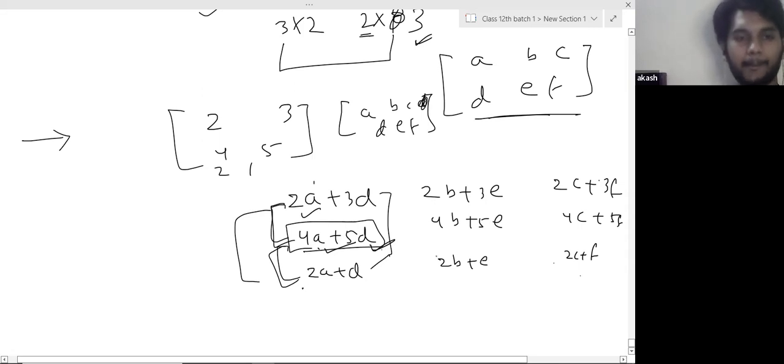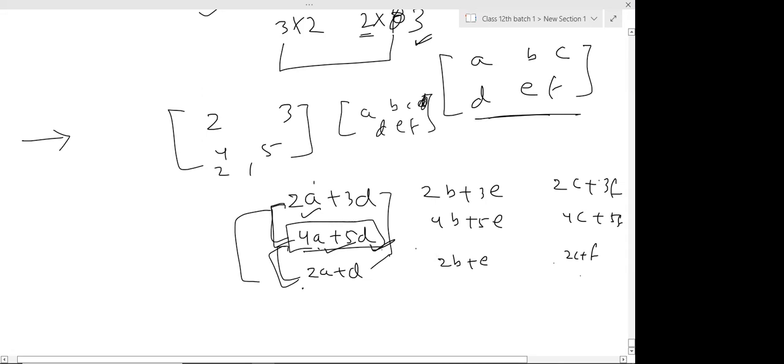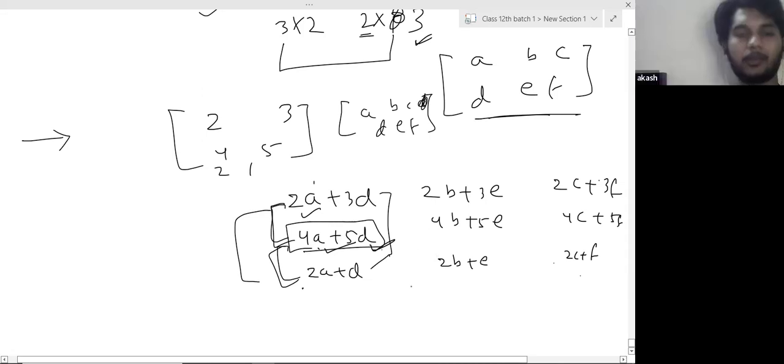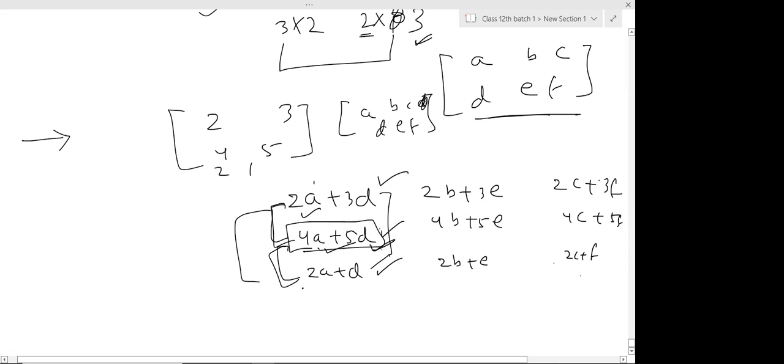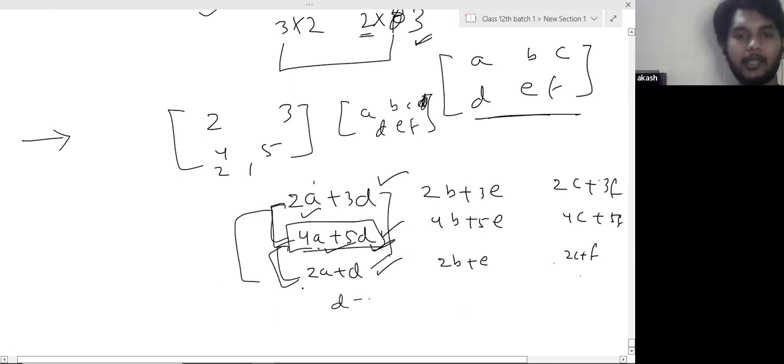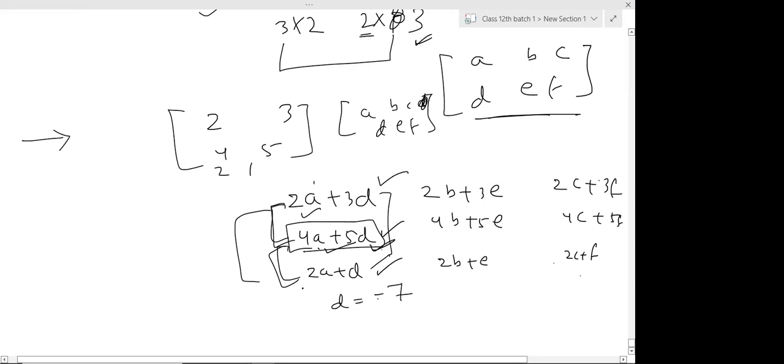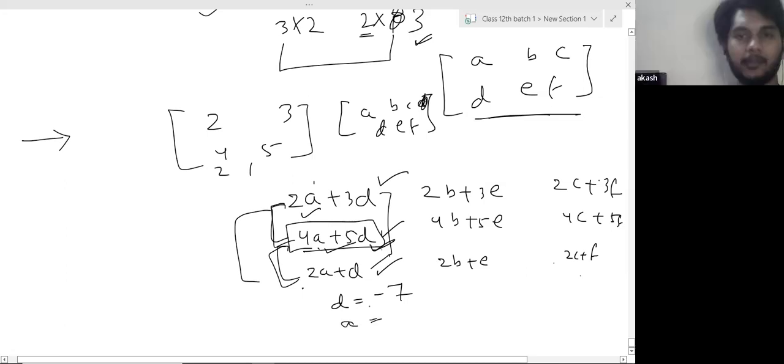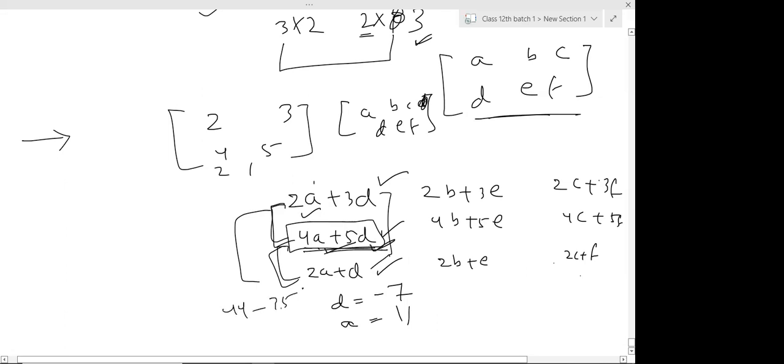Is this clear? Yes, sir. Otherwise, we will say there is no solution because we have to satisfy all three equations. Suppose D is -7. Is D -7? Yes, sir, I got -7. And the value of A is 11. So let's put that in this equation. This is 44 minus 35, and this is 9.